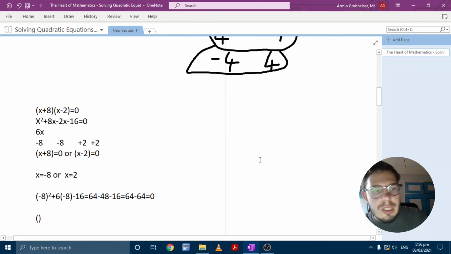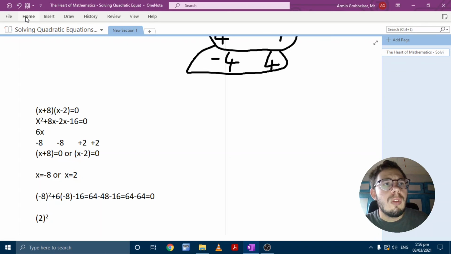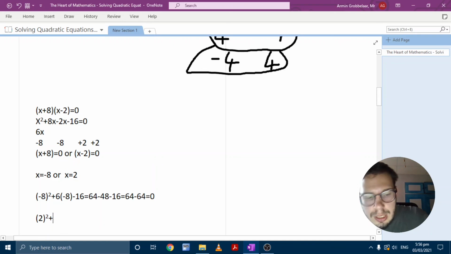Now what I'm going to do is I'm going to test the x equal to 2, so it's 2 squared plus 6 times 2 minus 16 is equal to, now 2 squared is just 4, 6 times 2 is 12, so plus 12 minus 16.